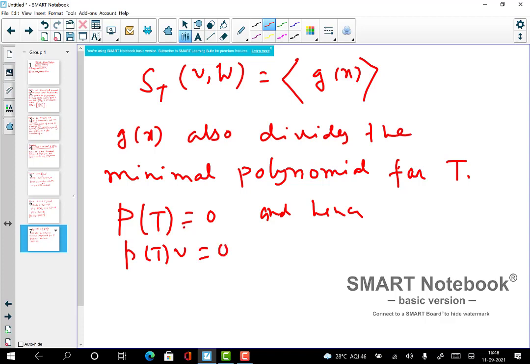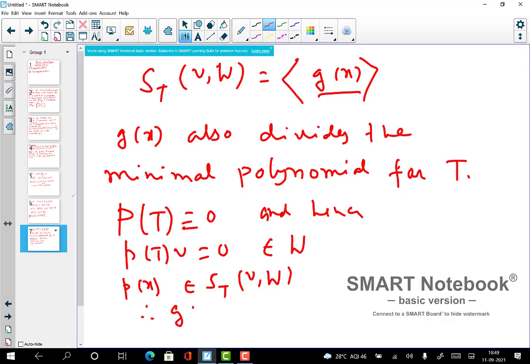This is identically 0, the 0 vector, so this is an element of W. So that means p(x) is an element of S_T(v; W), because p(x) is such a polynomial that p(T)v is in W. So p(x) is an element of this T-conductor of v into W, and g(x) is a generator. So that's what divides this thing, by the division algorithm or the equivalent algorithm.